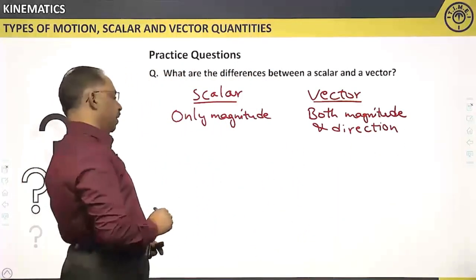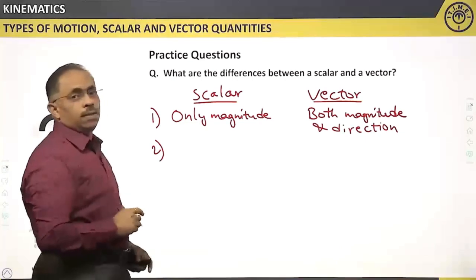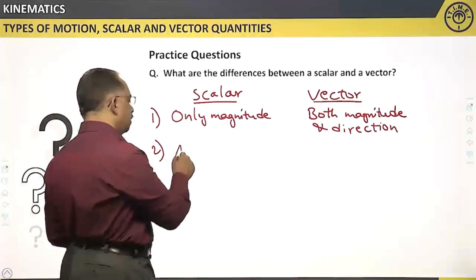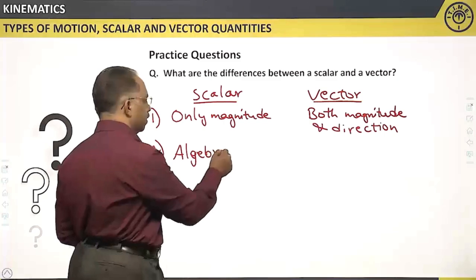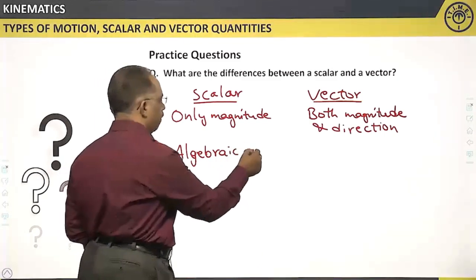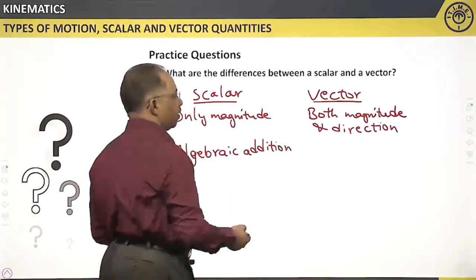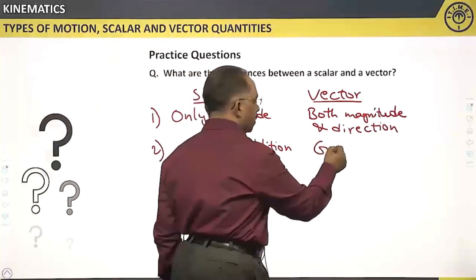The second point is that when you want to add or subtract scalars, you can go with algebraic operations, algebraic addition. Whereas in the case of vectors, it should be geometric addition.